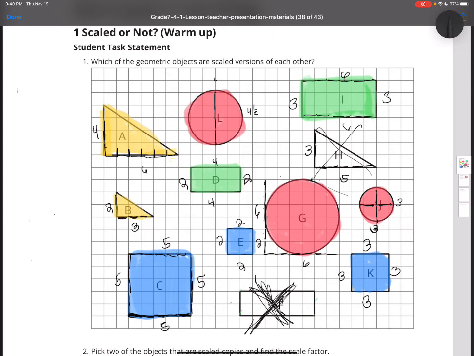Okay, and this would be, let's count it. 1, 2, 3, 4. And then it stretches out just a little bit right here. So this is also 4.5. So each side is equivalent. Each diameter, or regardless of what we measure, will be equivalent. So therefore, this would be scale copies to each other.